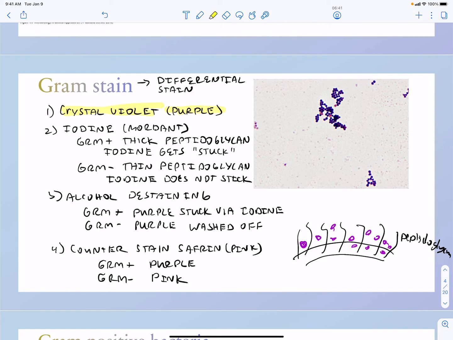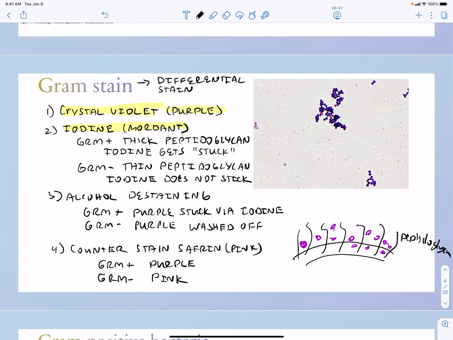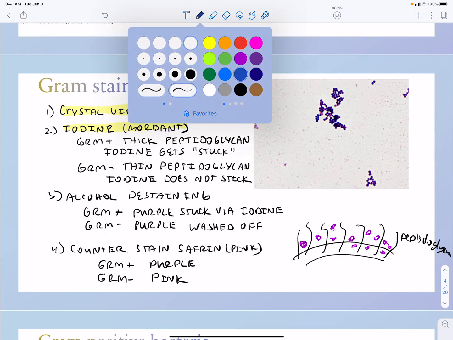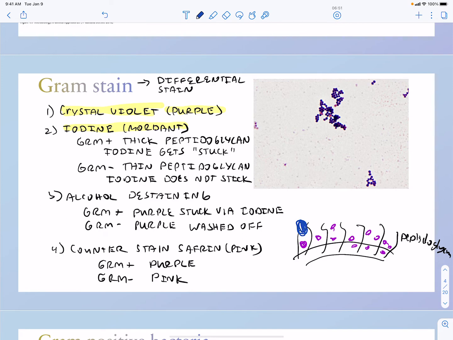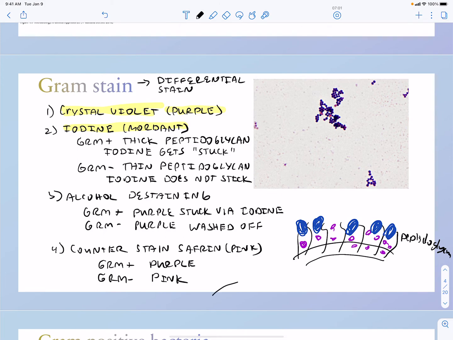And then you're going to add an iodine. Iodine is very large and it's a mordant. So iodine will come in as a mordant and get stuck in a thick peptidoglycan layer. In a gram-negative, you have a very thin peptidoglycan layer, and it's in between.